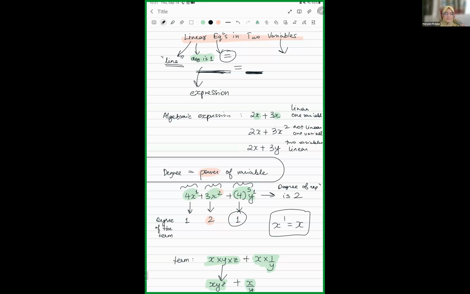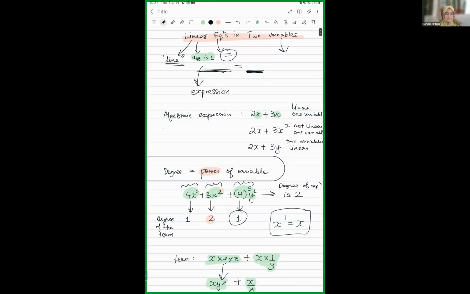Now let's say you have x plus y whole square. Okay, let's not think of that. Let's think of something like x plus xy plus 2y. What is the degree of this expression? First of all, what is the degree of the first term? 1.